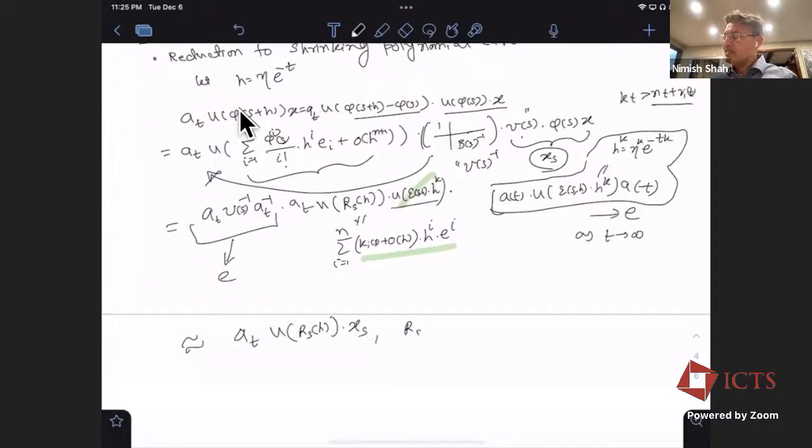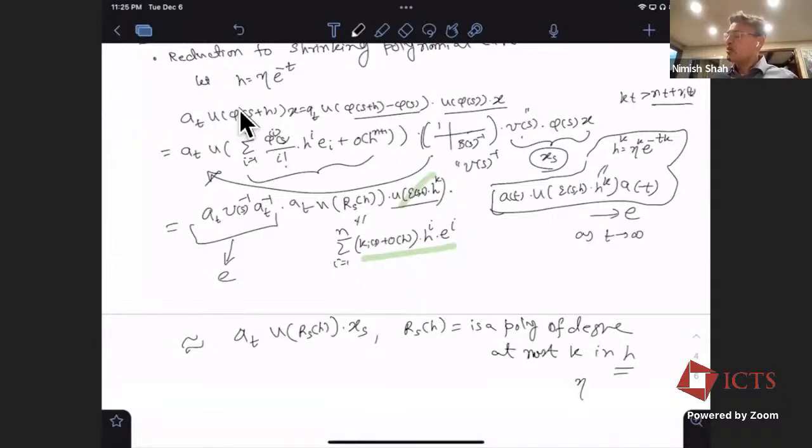Here r_{s,h} is a polynomial of degree at most k in h. That means a polynomial of degree at most k in eta to the power k.